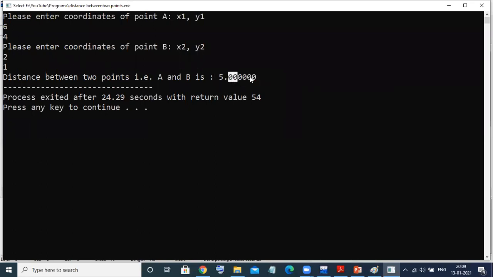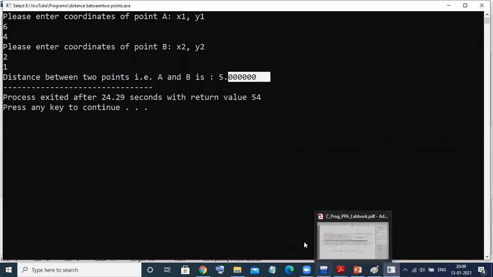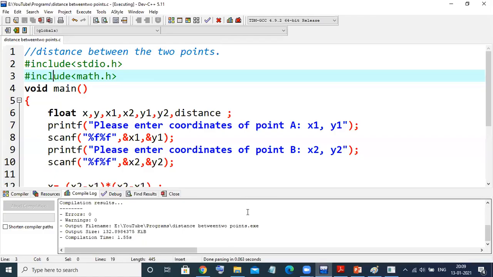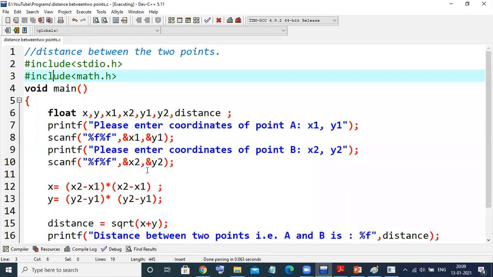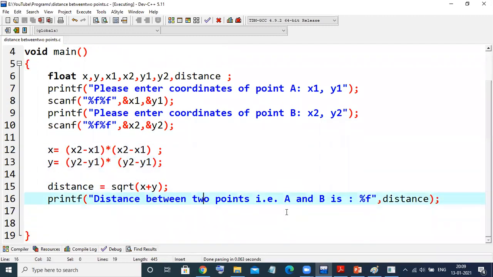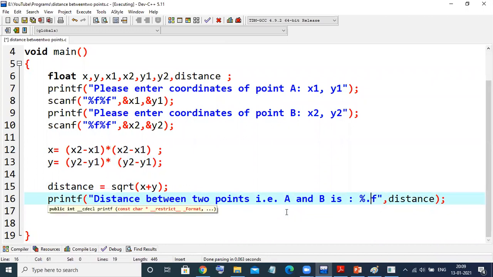It's giving a number of decimals. After the decimal point it gives 5 or 6 digits by default. If you want to reduce that, we have a formula: just put after percent, 0.2 f.